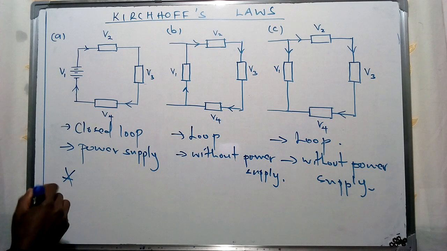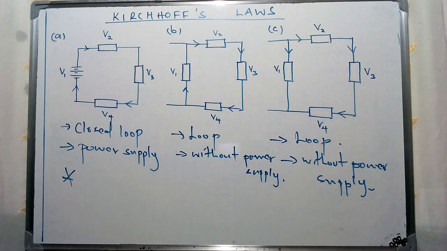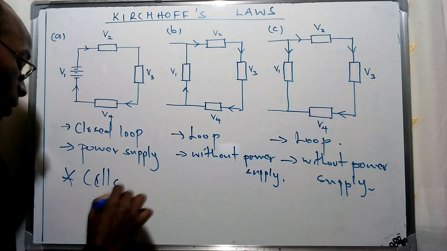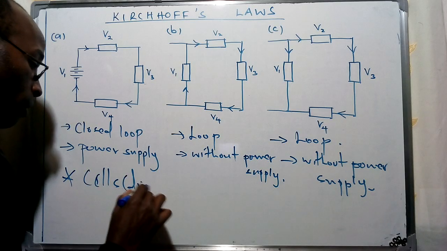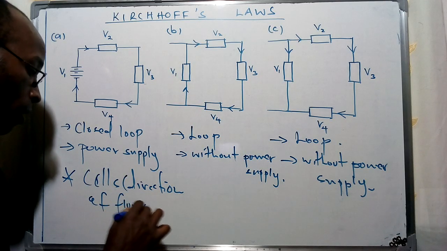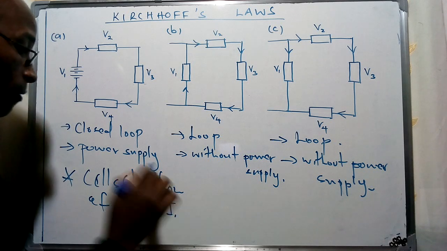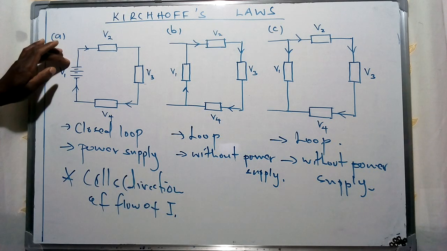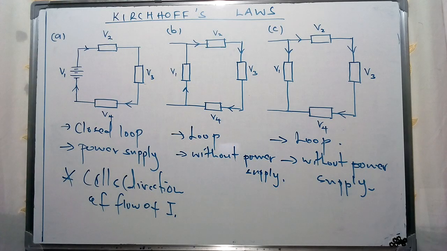So we assume that the cell provides the direction of current flow from the positive terminal, flowing out.